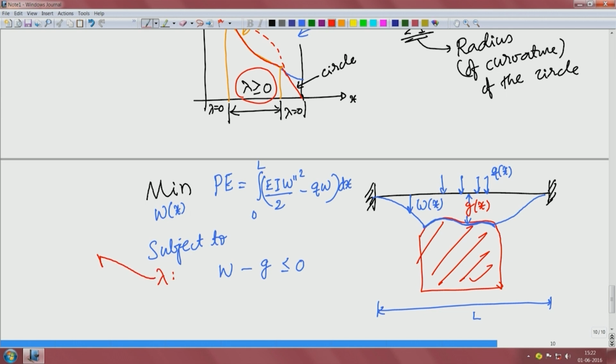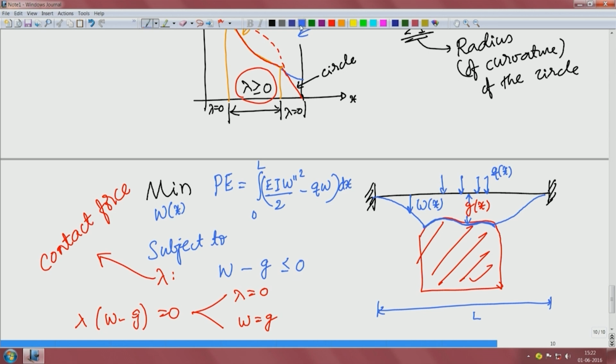This lambda turns out to be the contact force, because Lagrange multipliers have physical meaning. That also makes sense when we write the complementarity condition: lambda times (W minus G) equal to 0 has two possibilities, either lambda equal to 0 or W equal to G. When lambda equal to 0, then W is less than G strictly, because this need not be 0 when lambda equal to 0.